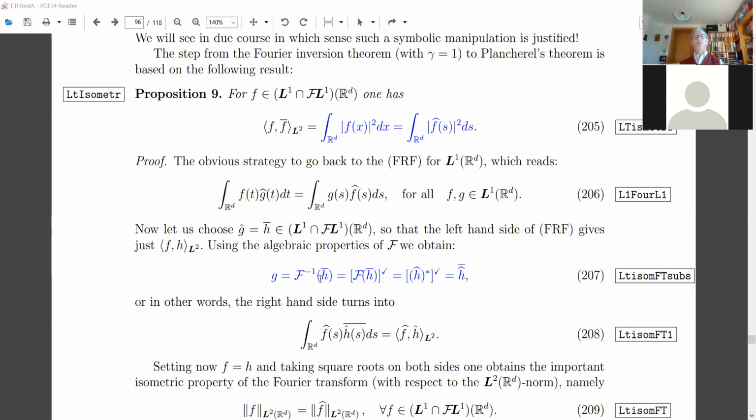Now, we have seen, and that's the formula that was the correct formula now, that the inverse Fourier transform can be viewed as applying the forward Fourier transform and then a flip operator. So we leave the h bar as an argument, apply the forward Fourier transform and then the flip. But then we have seen a rule for how these involutions are changing.